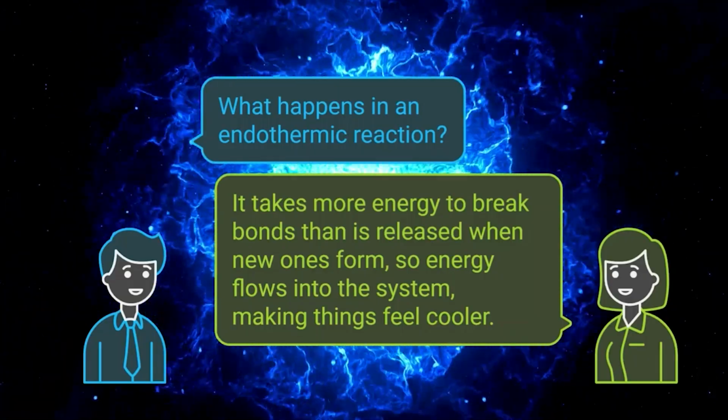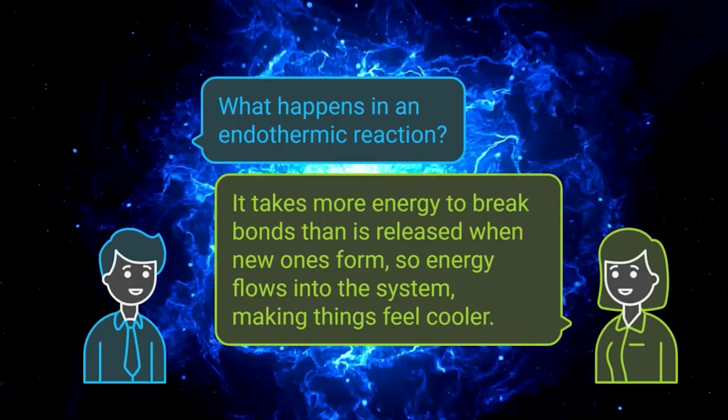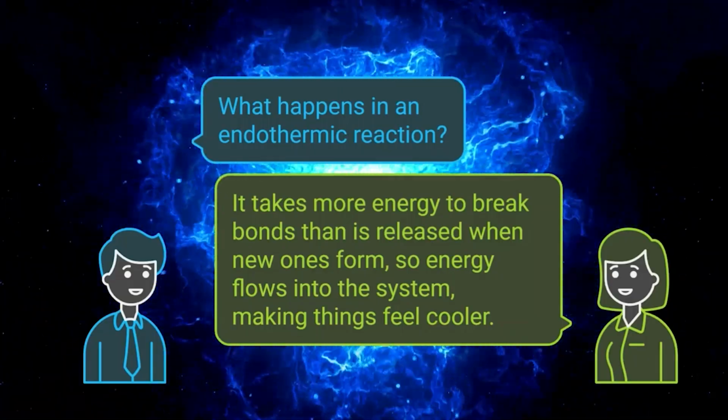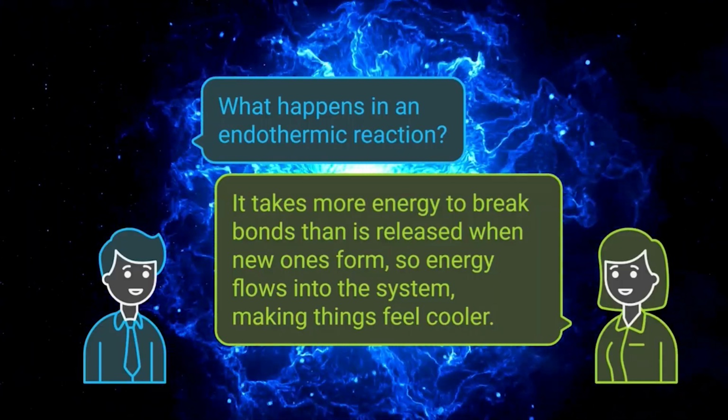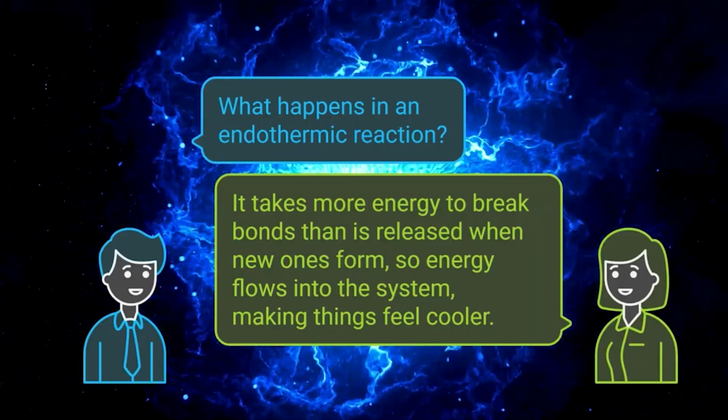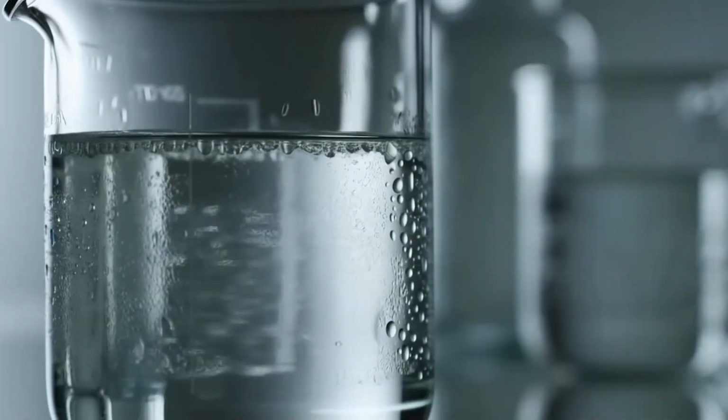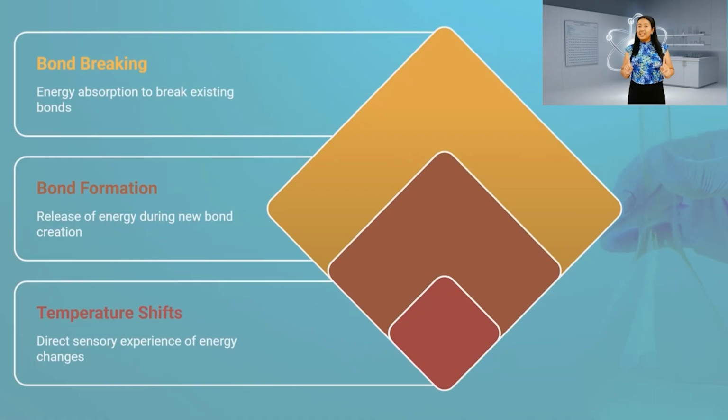It takes more energy to break the bonds in the reactants than what is released when new bonds are formed. So energy flows into the system and you'd feel your beaker getting colder. So anytime you feel or measure a temperature change, chances are bonds are being formed or broken behind the scenes.